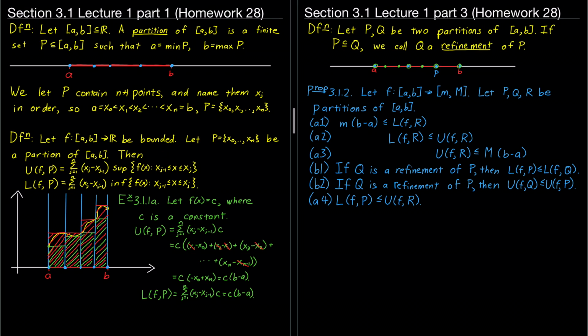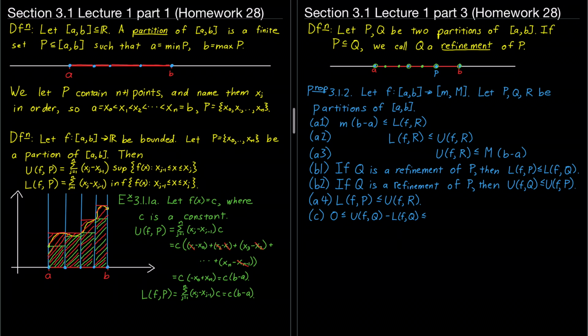So this is more complicated than A2. And the last condition, which actually follows from B1, B2, and A2, but is sometimes useful to have written down, is that the upper sum minus the lower sum is positive.